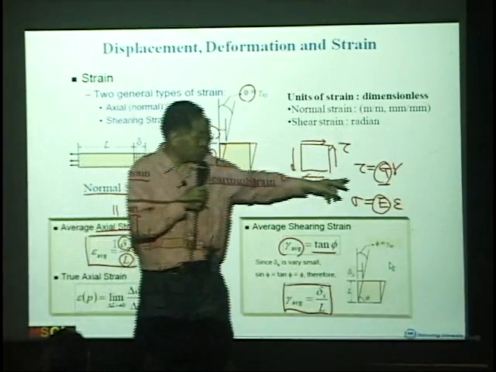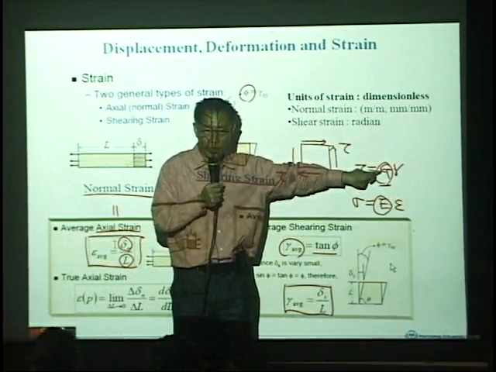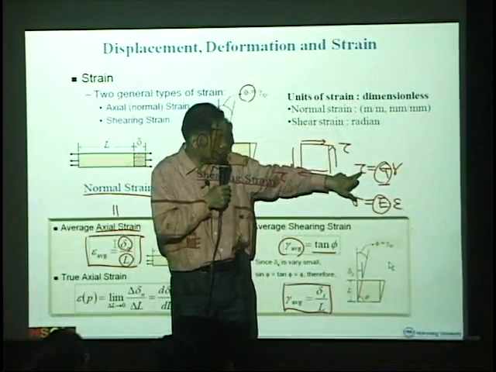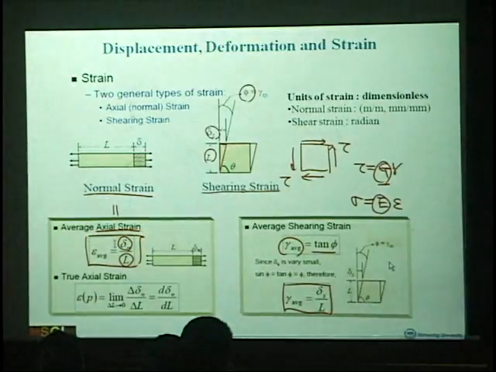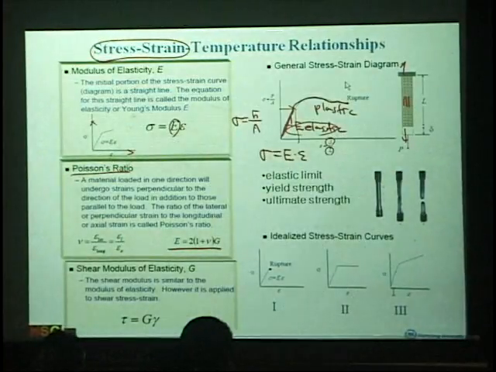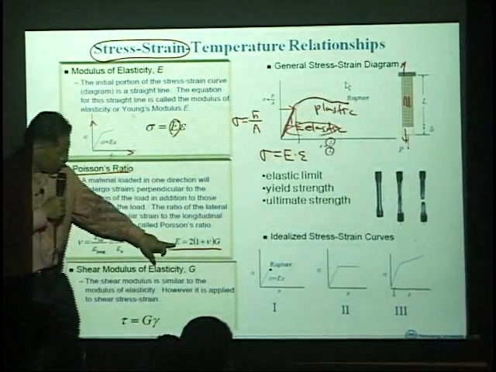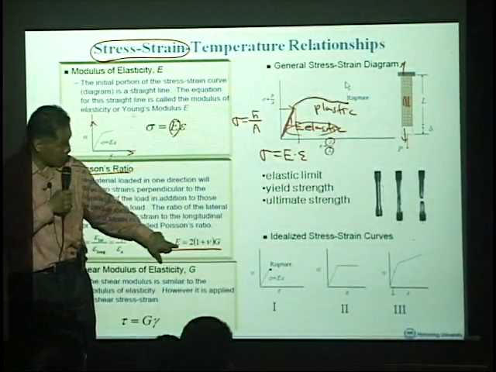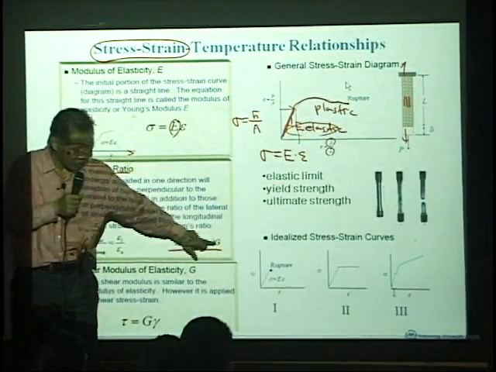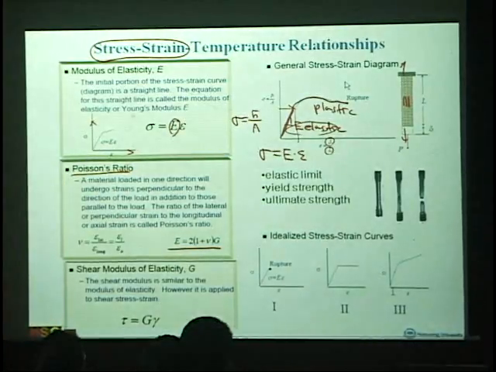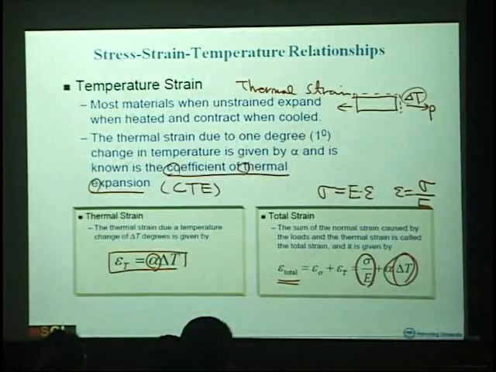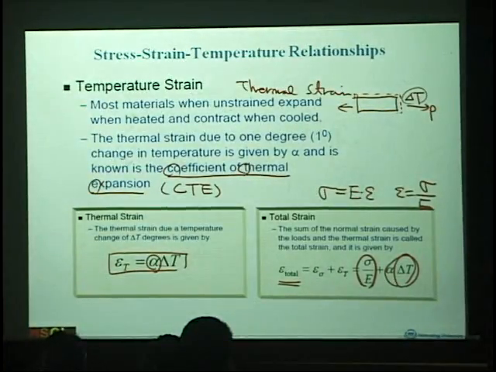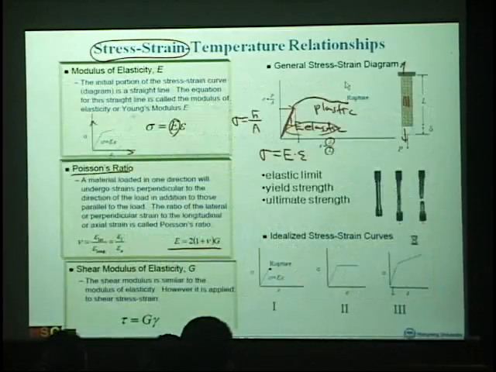But I just want you to know that there is the shear modulus relating this shear stress and shear strain. That is another material property, but there is a relation between Poisson's ratio and Young's modulus. And G is the shear modulus, and G depends on those two material properties, it is not an independent material property. So anyhow, this is just a general review of the material properties.